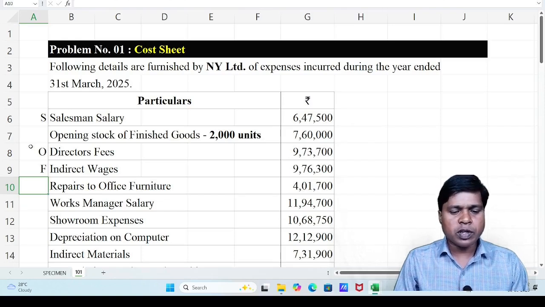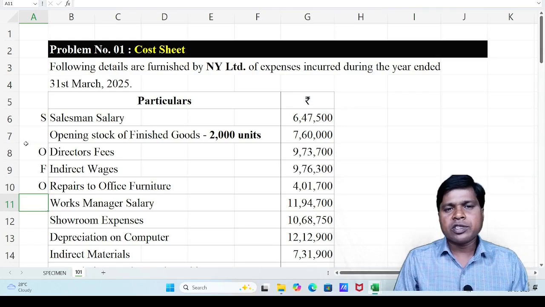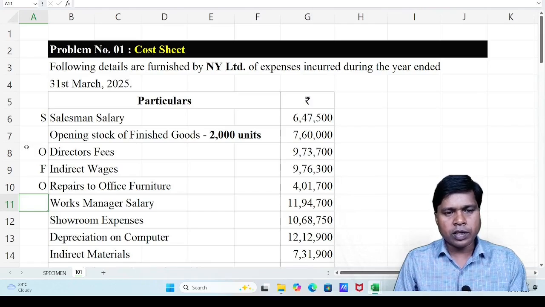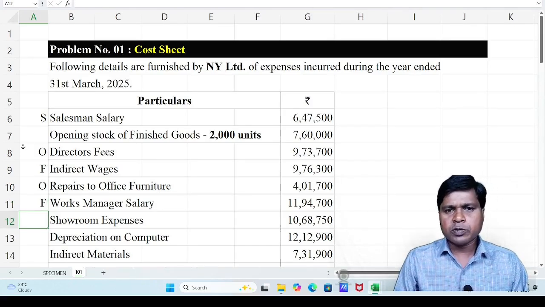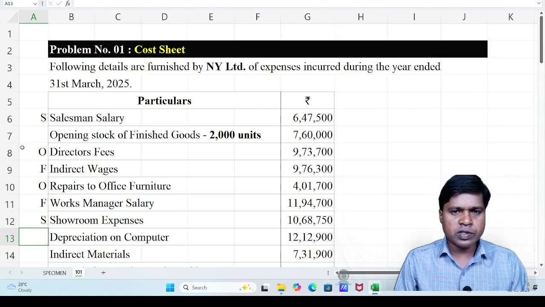Repairs to office furniture, we have to write there O. Works manager salary is an item of factory overheads, so I am writing there F for factory overheads. Showroom expenses is an item of selling and distribution overheads, so write there S.